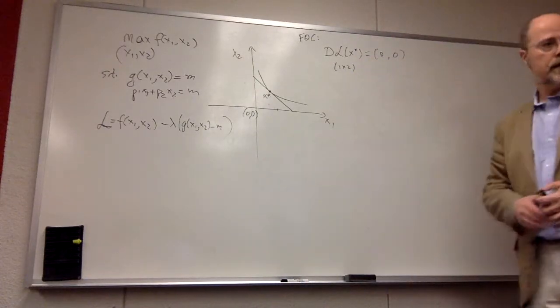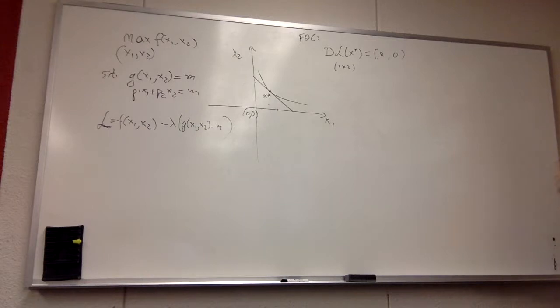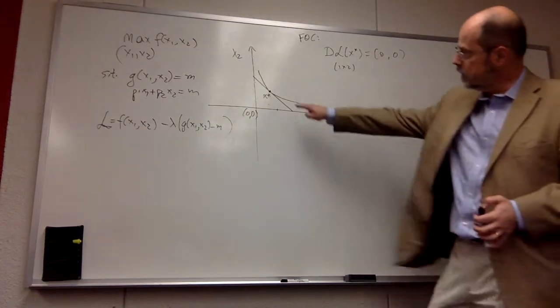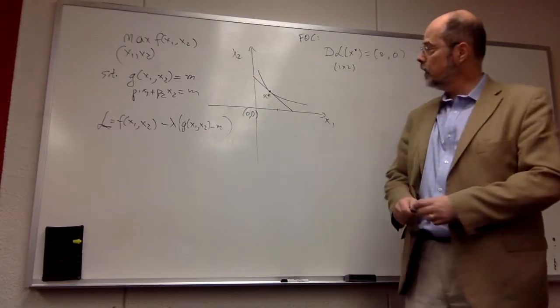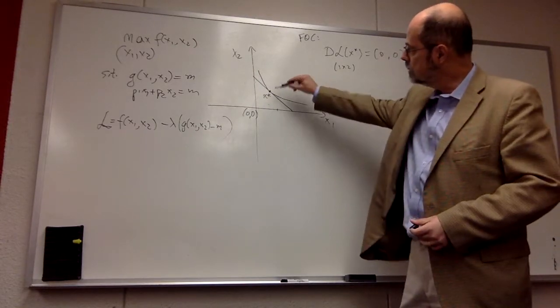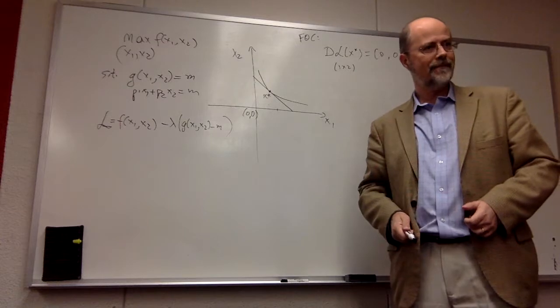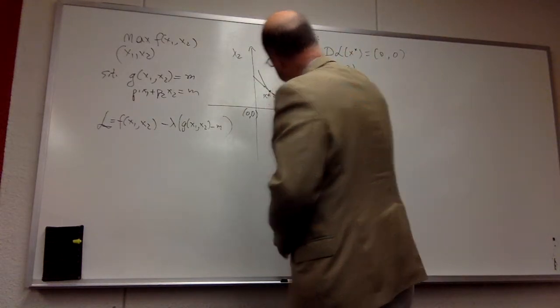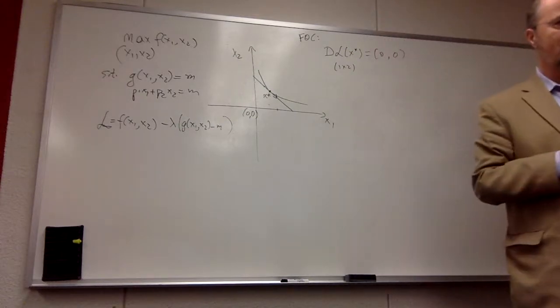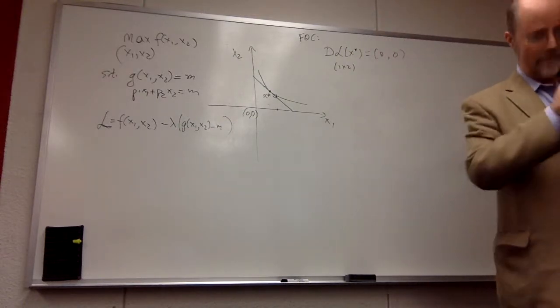So here, I don't need to check. This is the top of my hill, but where is the hill? I'm not allowed to walk in all directions. I'm only allowed to walk in small steps along the constraint.